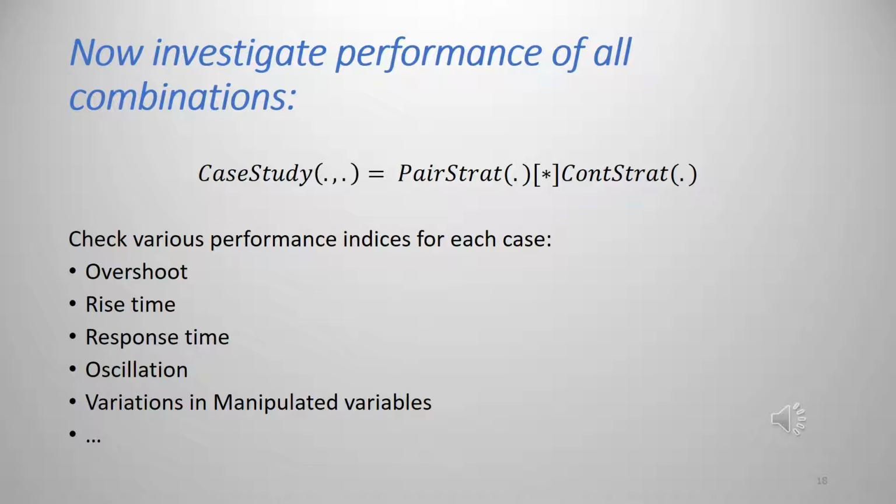The degree of oscillations we get, if any, we have to investigate that too. And also an important parameter is the variation in the manipulated variable to get that control.